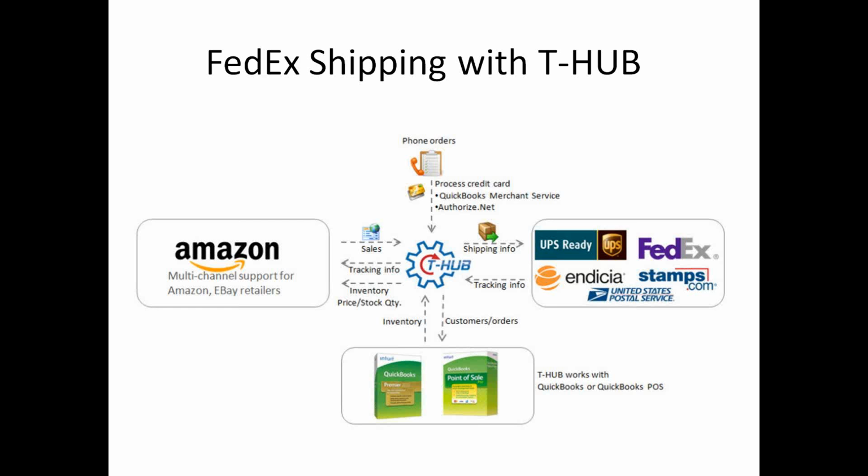If you sell on Amazon, eBay, your own websites, it brings orders from various channels and allows you to ship with FedEx and other providers as well. And as soon as you print shipping labels, it would update the website or online channel with the shipping status and tracking. And T-Hub integrates with QuickBooks for accounting, or QuickBooks Point of Sale.